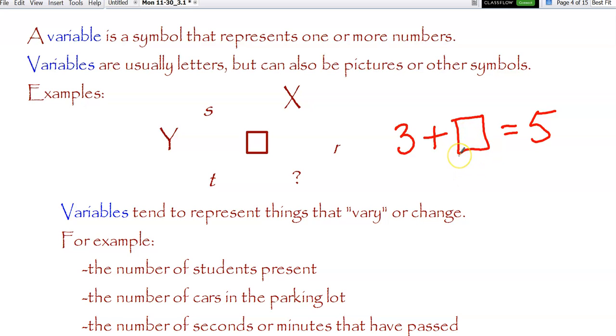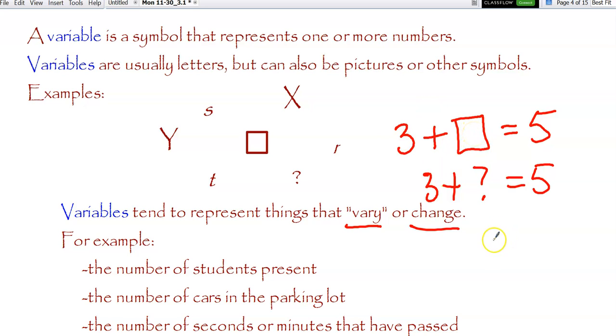So this box can represent an unknown number. Or a lot of times you would see this, 3 plus what number equals 5? And so not only do you use letters to represent unknown numbers, you can use a box, you can use a question mark. And some of the way we think about a variable is it can vary or change. But like in this instance, the only number that makes this box true is a 2.